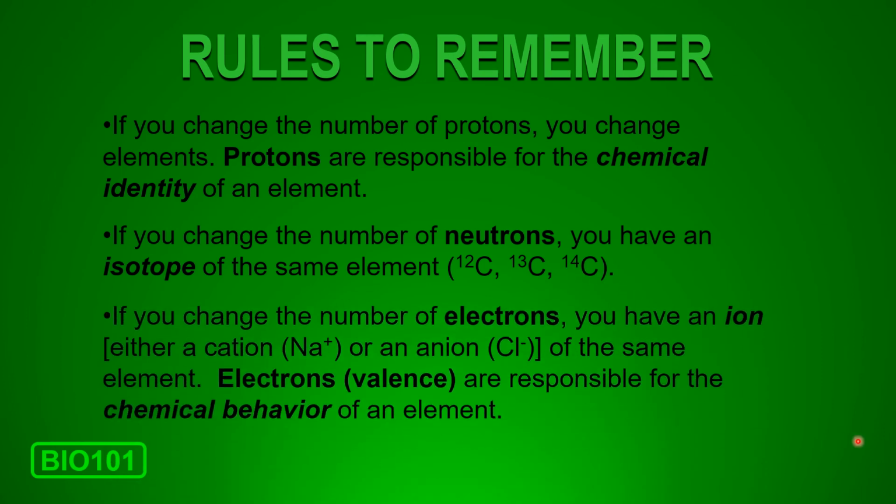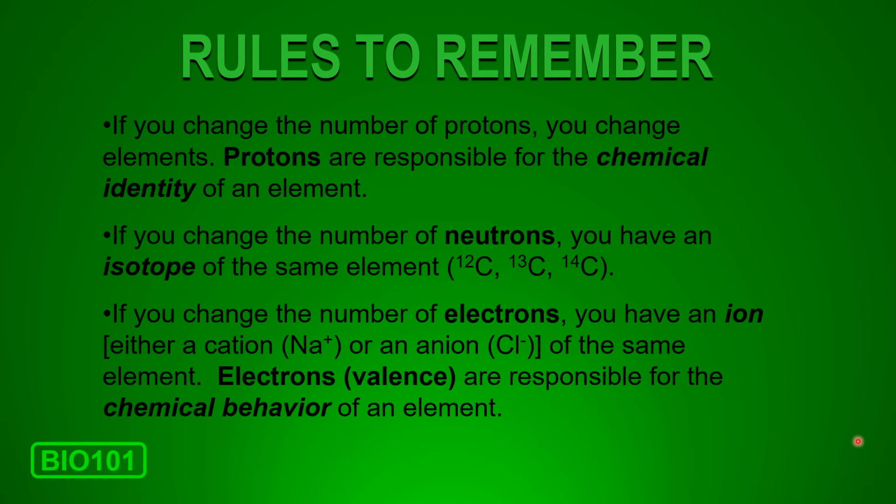Okay. So if you change the number of electrons, you have an ion, either a cation with a positive charge or an anion with a negative charge of the same element. These valence electrons are responsible for the chemical behavior. So chemical identity comes from protons.